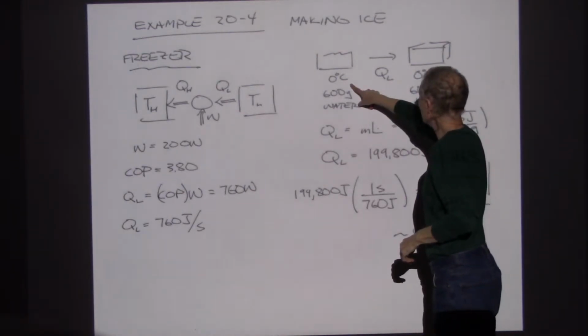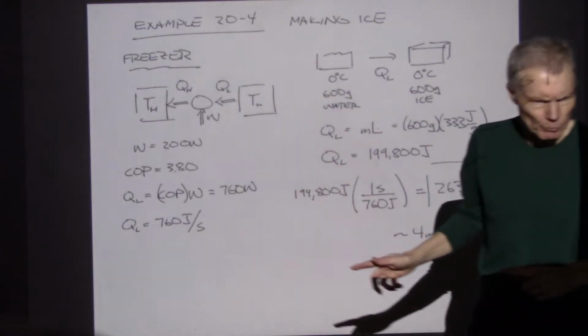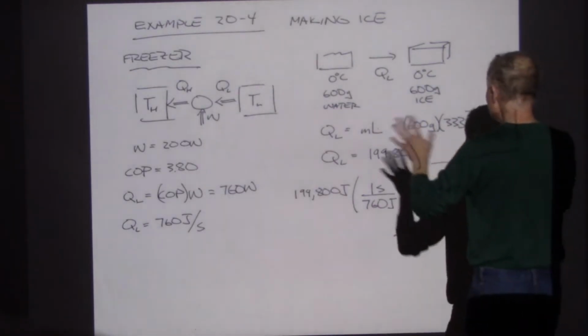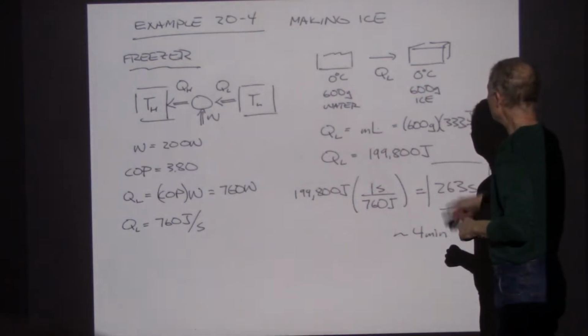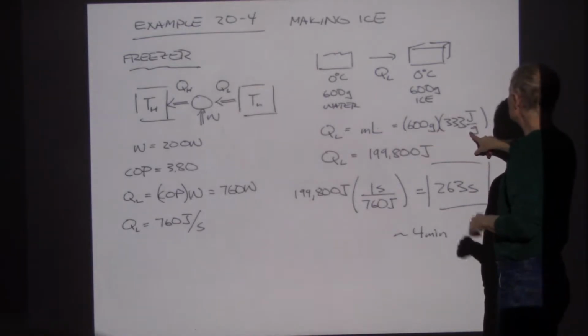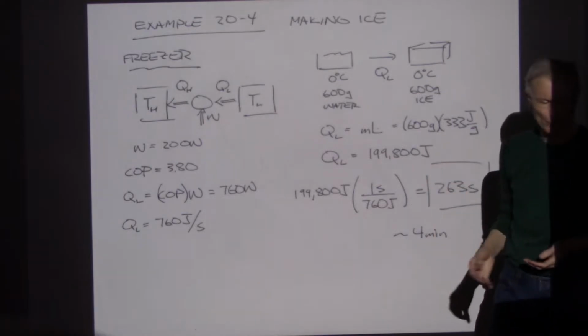Now here is making the ice. What we're going to do is start with water at 0 and turn it into ice, and I think that's how the problem was set up. So they didn't ask a lot more. They just said, let's turn water into ice. Now the amount of heat that needs to be taken out is 199,000, it's about 200,000 joules.